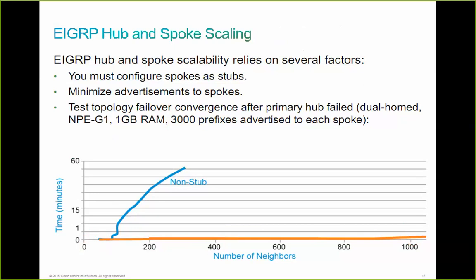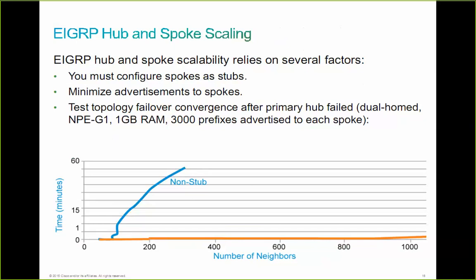And we saw the time in minutes without a stub configuration exponentially increased for convergence. The slide doesn't really tell us much about what this scenario was.